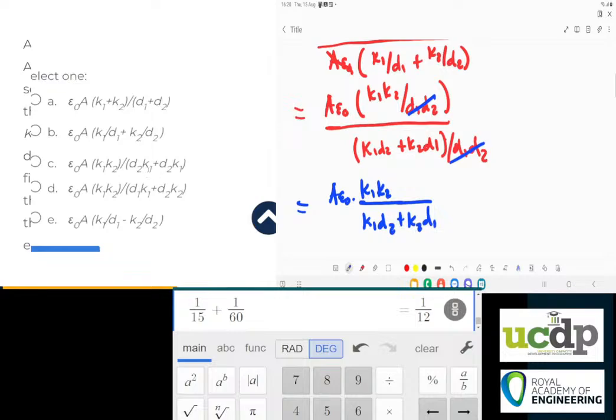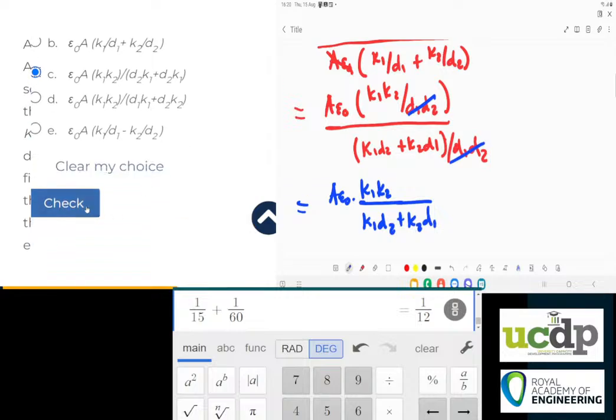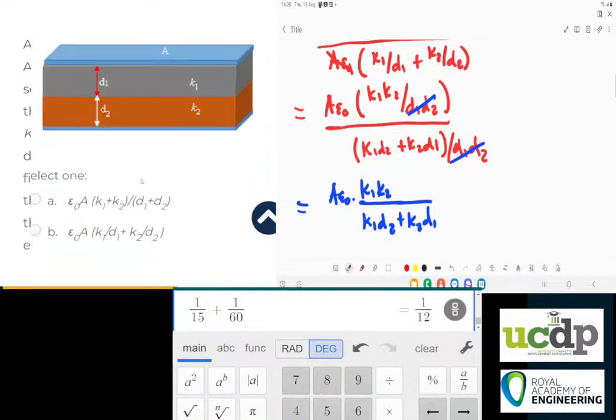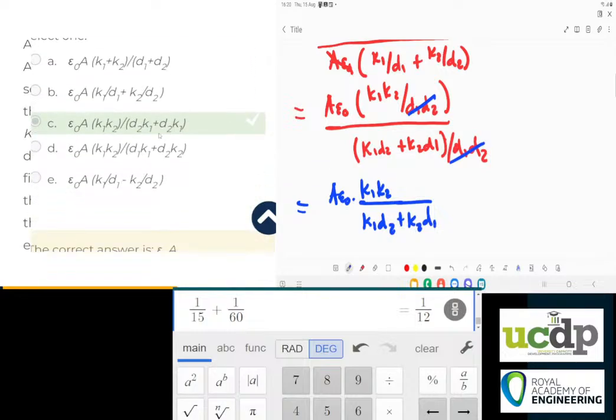It should be D2 K1 plus D1 K2. So none of these are giving that choice. But it should be D1 K2 anyway. I know this one will say it's correct, but it should be D1 K2. So take note, still there's a typo on that C. It should be plus D1 K2. So that's the closest anyway, because the rest are generally far from what we got. So that part should be D1 K2.